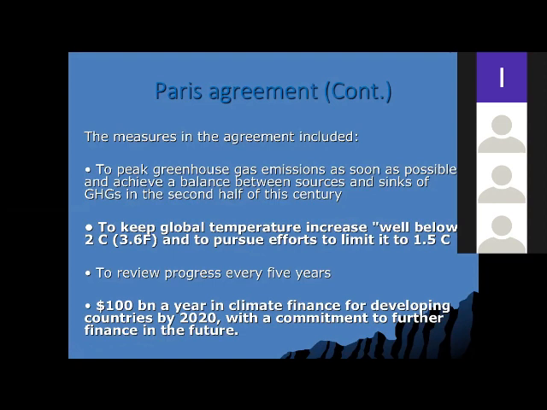Now, if you want to make it 1.5, then the atmospheric concentration of greenhouse gases or carbon dioxide, for example, should be 350 parts per million. That means we have to absorb more from the atmosphere and emit less.